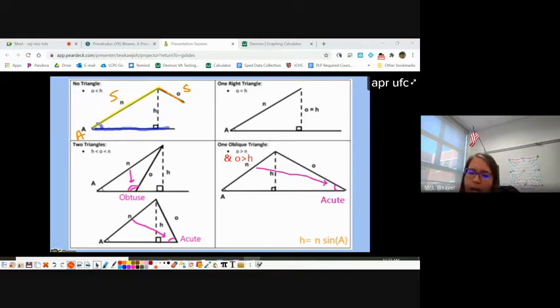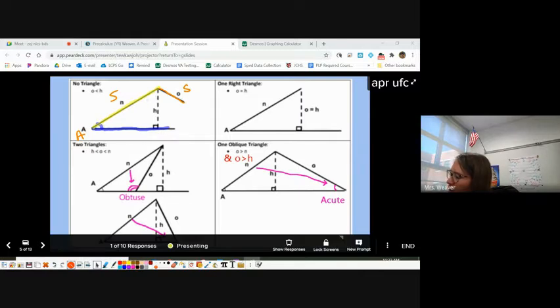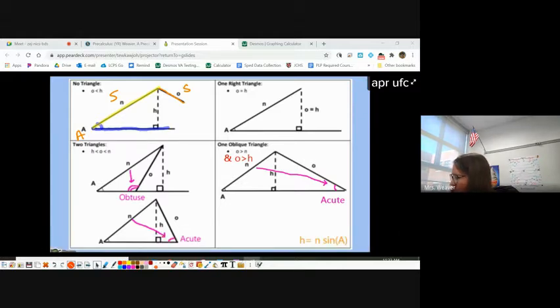But let's talk about why they called it N and not H. If you now look at this right triangle that we created by dropping an altitude, they didn't want to call this side H for hypotenuse because we didn't want to confuse it with H, which is the height of the triangle. Okay, so they just needed a different letter for it. So they called it N there, okay?